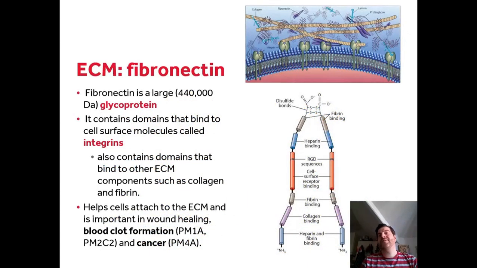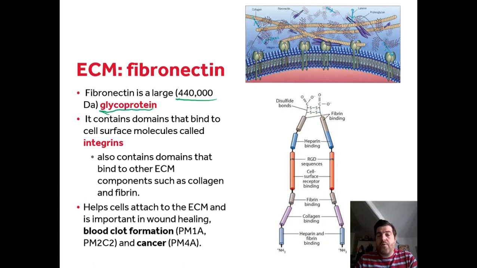Going on from the proteoglycans, I also mentioned these connective proteins, fibronectins. And fibronectin is a very important protein. It is an extremely large protein, 440,000 Daltons, huge. And it's also a glycoprotein.